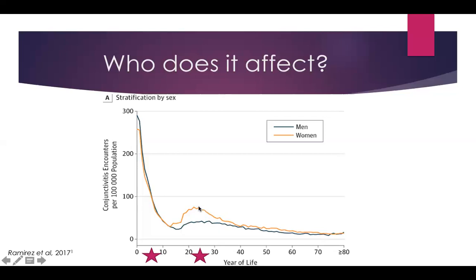And the orange has a little bit of a jump here in the mid 20s. And according to the study, the difference between the genders here was 36.2 people per 100,000 cases. So that is a pretty significant difference here.